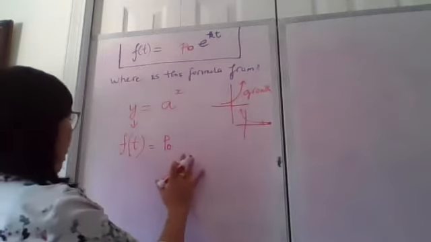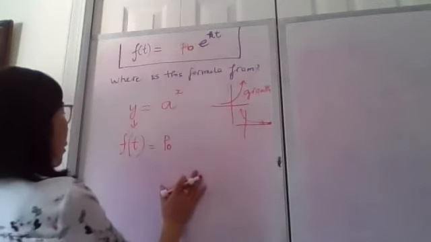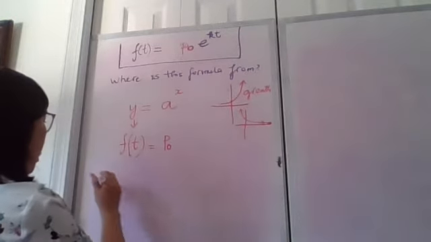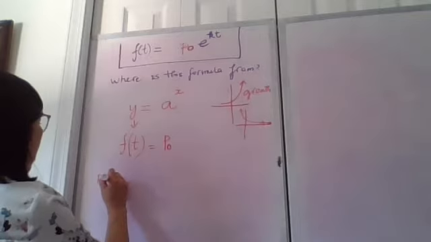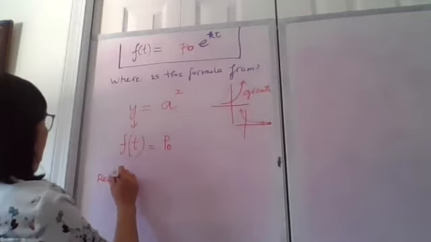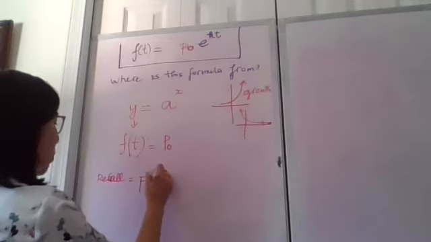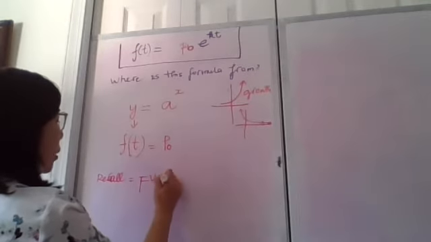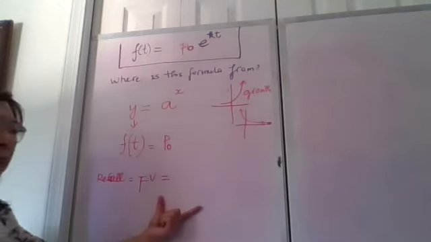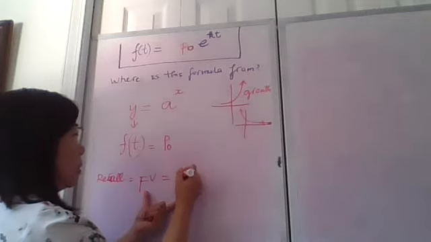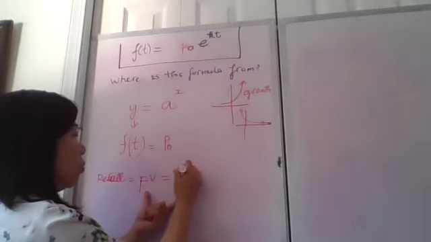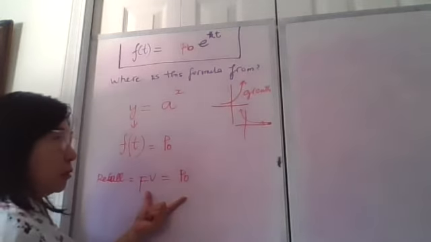And now let me derive where this formula comes from. So recall, now we're talking about future value in money, right? Future value, the formula you learned in Math 12: the future value equals the principal amount, let's call it P0 as well, right?